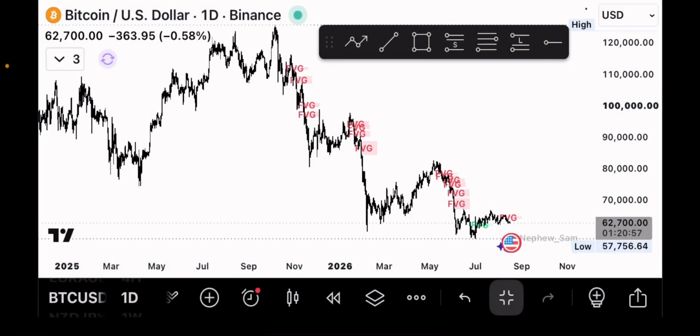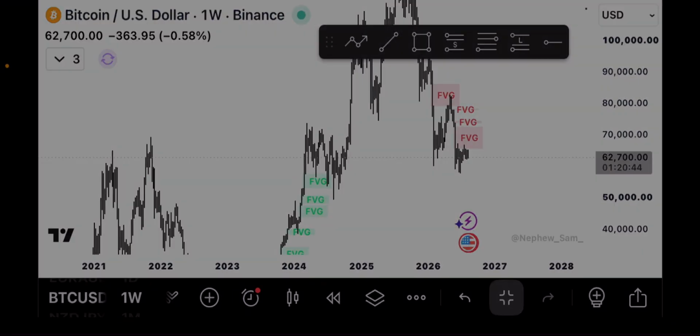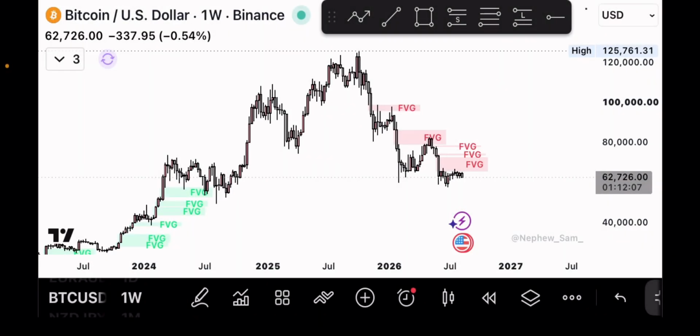So the first thing we want to do is to go to the higher time frame to identify what price is doing. So we are going to the weekly time frame. On the weekly time frame, what we want to do is to understand where price is coming from and where it's going next, where price is reacting from.